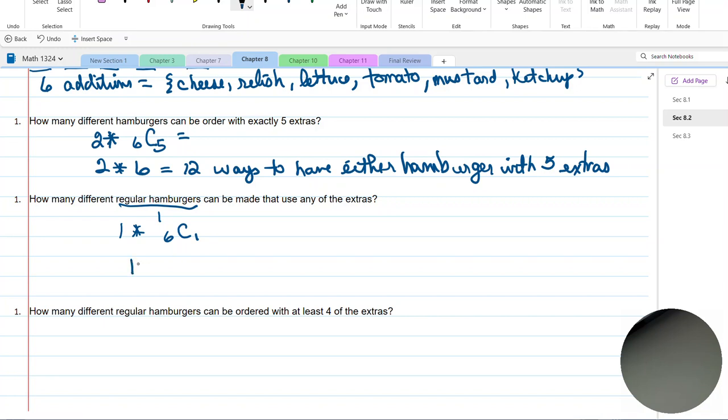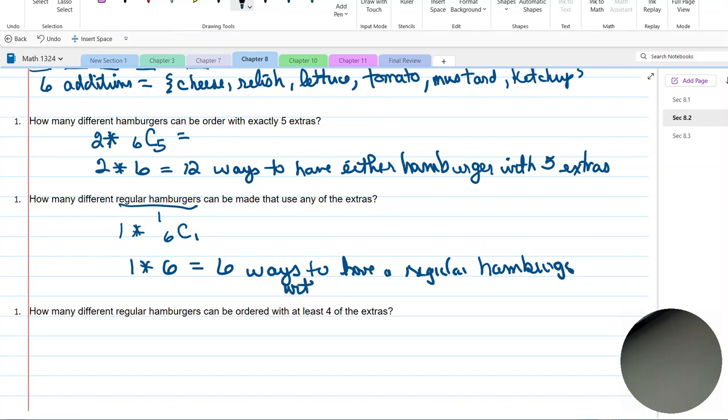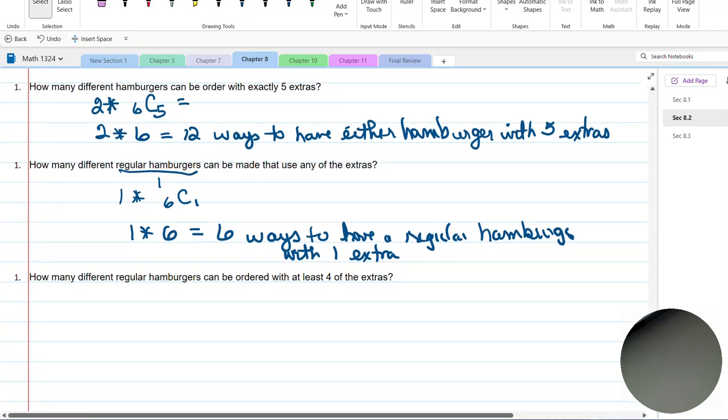Well, that would be 1 times the 6, 6 ways.